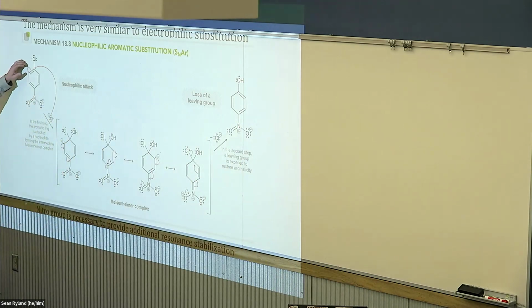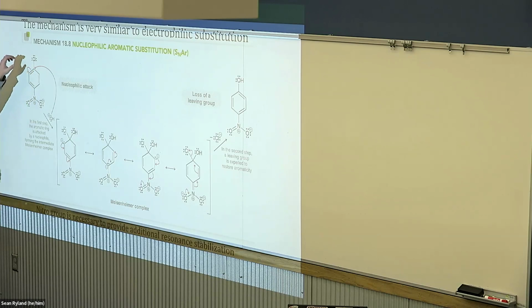So the first step is your nucleophile attacks. And it's going to attack where your leaving group is attached, because due to the resonance and the electron withdrawing nature here, those carbons in the ortho and para position are the ones that actually have a slight partial positive, or at least the least negative out of all of the carbons in the benzene ring.